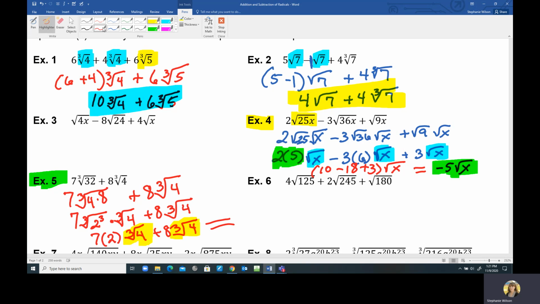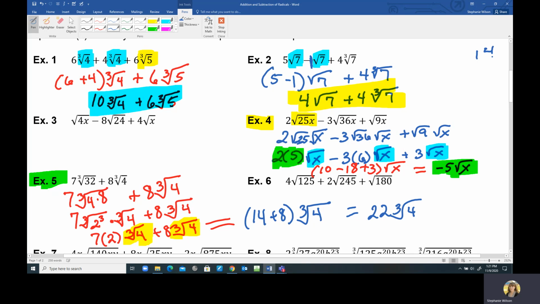They both have a cube root of 4 on them. So I have 7 times 2 is 14 plus 8. And I'm going to put them together because I have a like term. 14 plus 8 is going to be, I should have lined it up on my paper, 22.